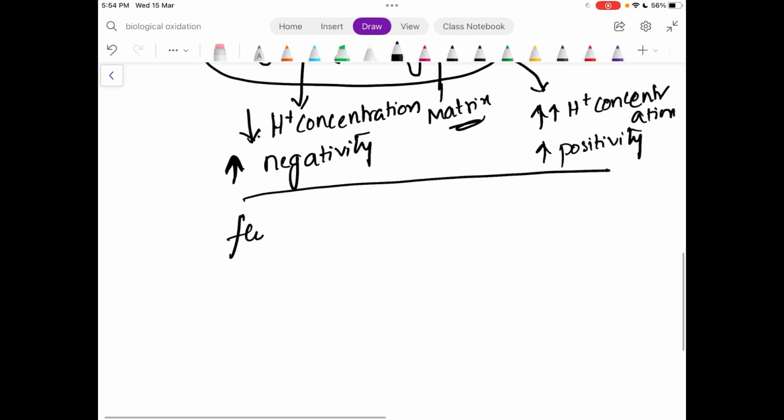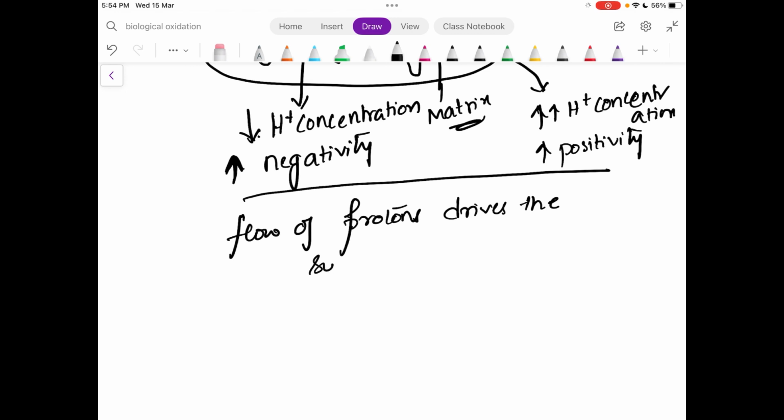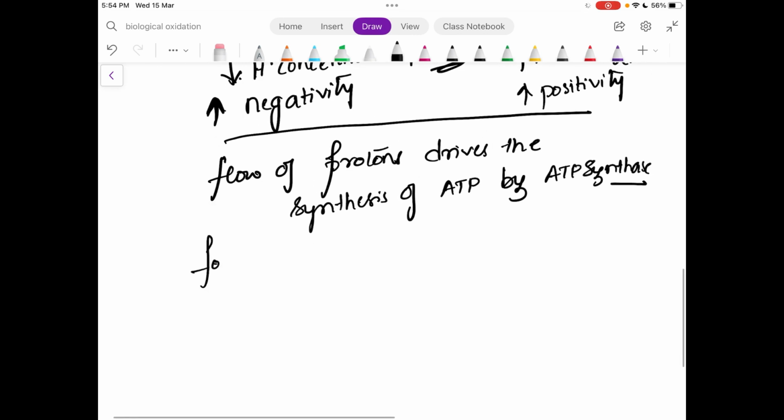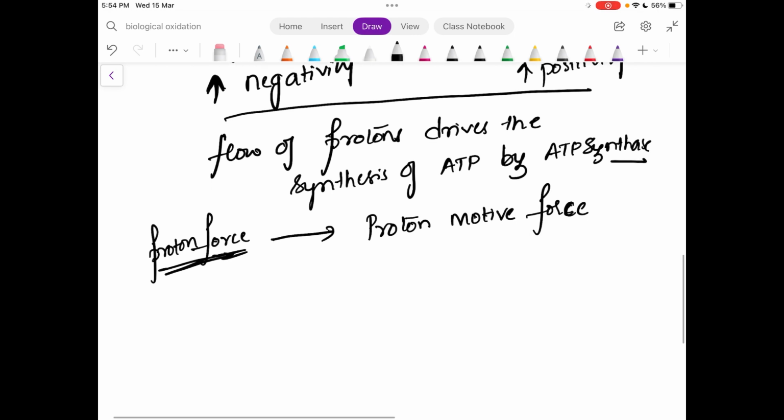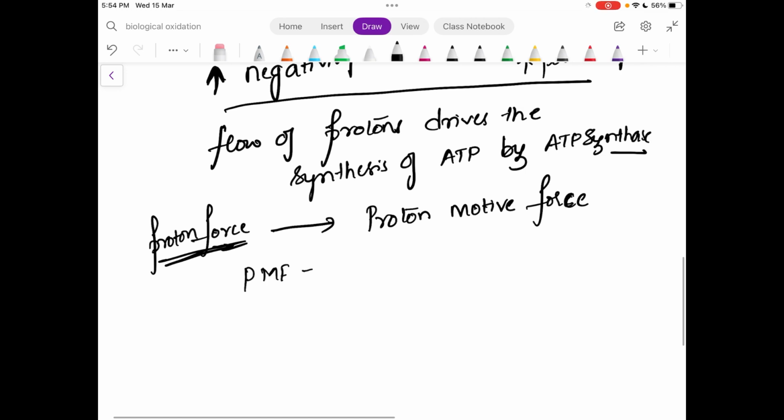So the flow of protons drives the synthesis of ATP by the enzyme ATP synthase. This force, the proton force, is called the proton motive force.